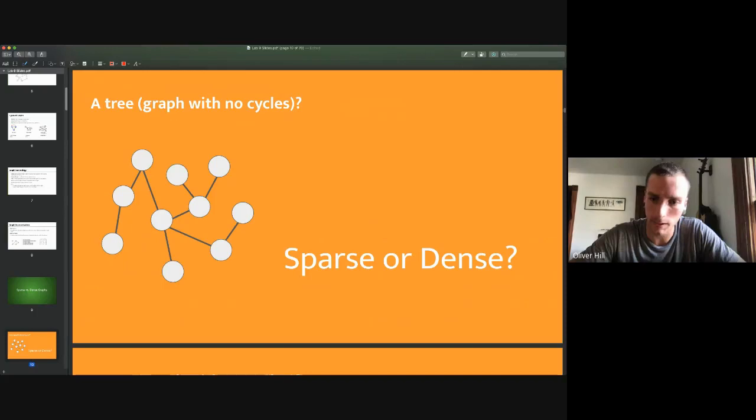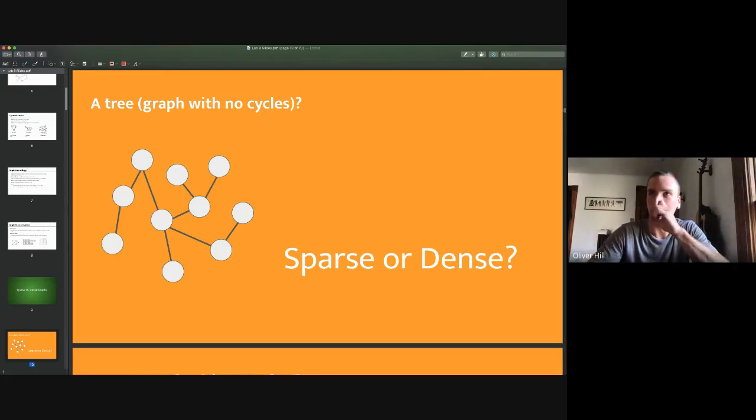I wish we had a voting thing. I guess you all have the slides on your computers. Maybe I don't need to ask the questions, but I'll try to encourage some participation. Okay, everyone says sparse. Yeah, it's sparse.